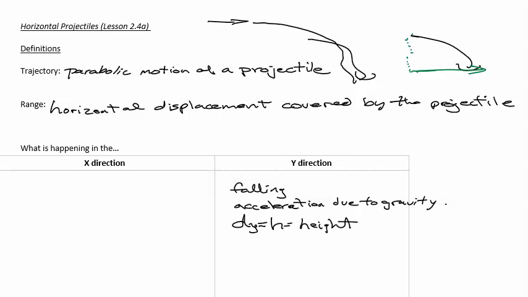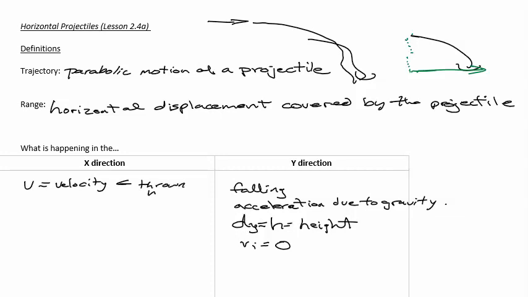Now, one other thing specifically with horizontal projectiles is that the initial velocity in the y direction is 0. This is 0 because there is no up or down at the beginning. In the x direction, we have some sort of velocity, and that is the velocity that it is thrown with.